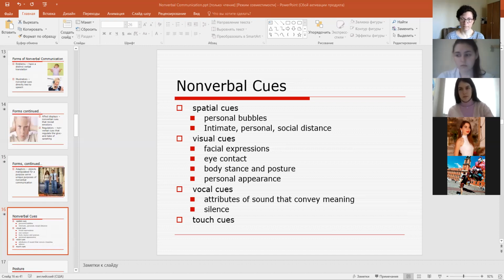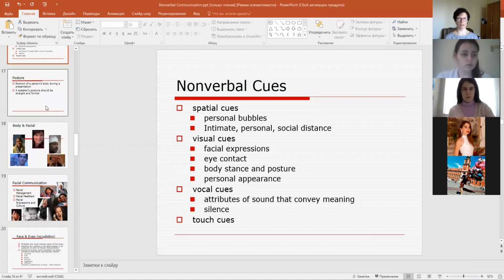And next is visual cues for facial expressions, eye contact, body stance and posture, and personal appearance. So it describes the features of appearance. And vocal cues for attributes of sound that convey meaning, and silence. So it's about our vocal pitch, tone, and so on. And touch cues, it's simple, just how we interact using our hands, haptics, using our touch.